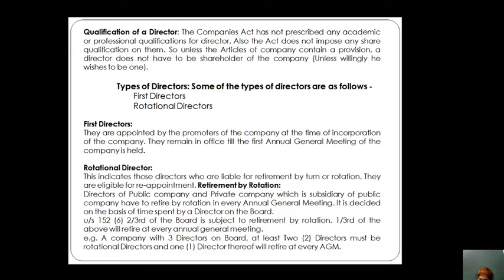Correct, unless he willingly wishes to be one, still there is no compulsion that he should buy a certain amount of shares of the specific company in which he is working as a director. No compulsion. So in case of qualification, nothing is mentioned in the Companies Act.